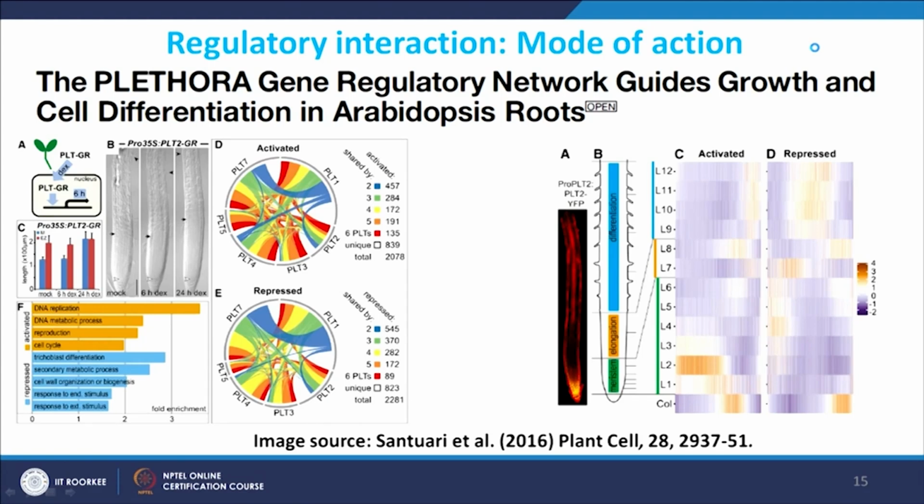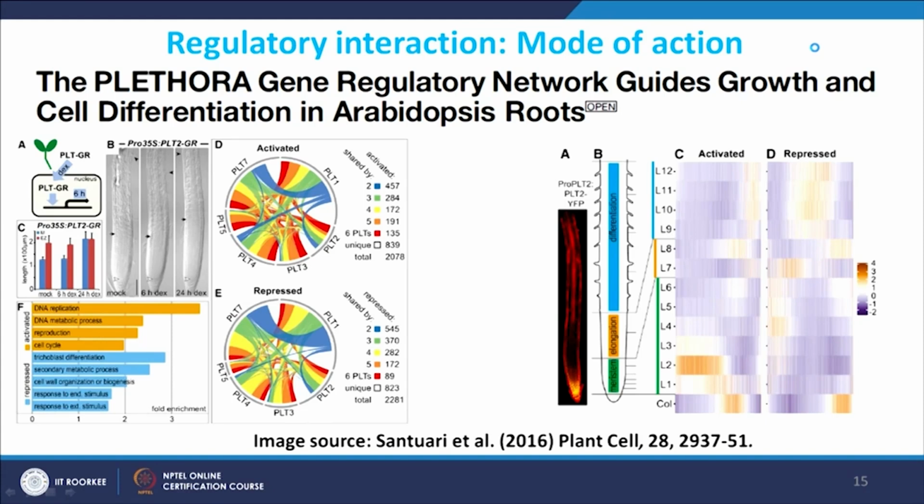For identifying this kind of genes, global techniques like microarray and RNA sequencing can be used. If you quantify total expression of the genes in the wild type and mutant of a particular transcription factor, you can identify what genes have altered expression levels in the mutants, and then you can establish that they are getting regulated.